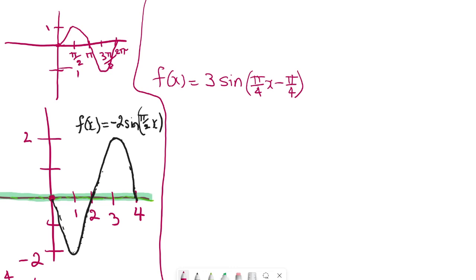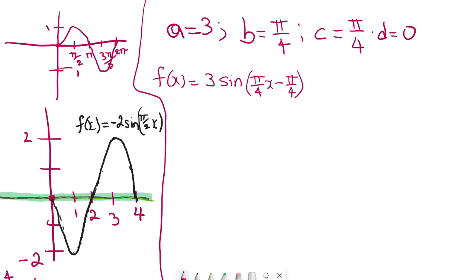So for this question, A is 3. B is pi over 4. C is also pi over 4. D, we don't have any D, so D is going to be 0.